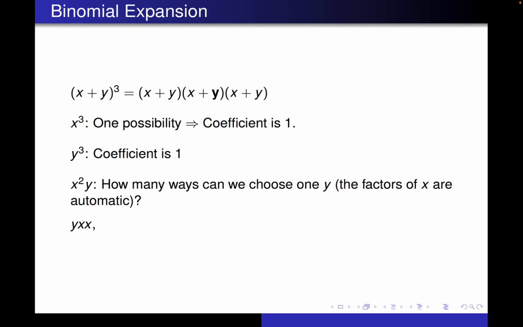If I choose my y to be from the second factor, I have no choice but to get my x's from the first and third factors. So I get x, y, x. And if I choose y to be the third factor, which is my last choice, I have no choice but to get 2 x's from the first 2 factors. So that gives me x, x, y. Once again, I get a coefficient of 3, just like before. So the answer is the same, but you get it using a different technique.